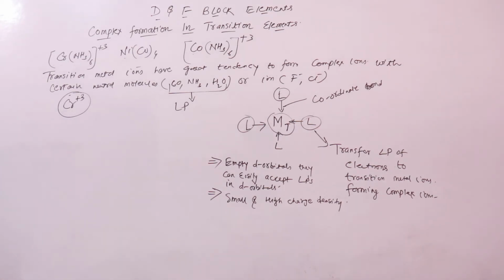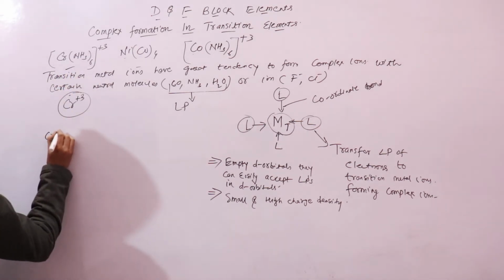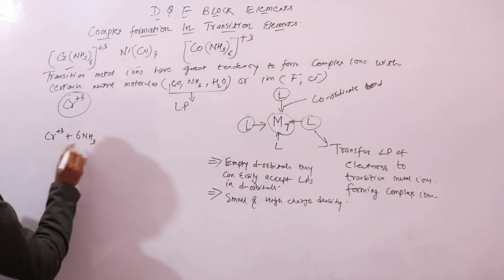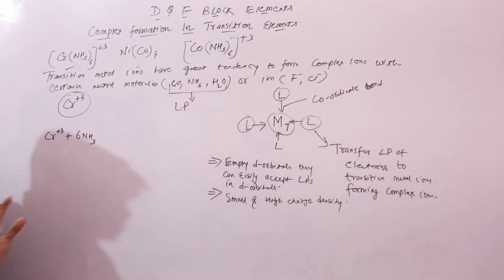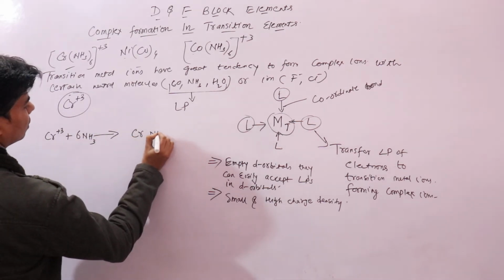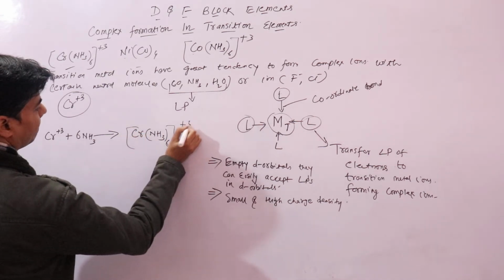So for example, in this Cr+3, 6 ammonia molecules, which are 6 ligands, will approach and form Cr(NH3)6 3+.